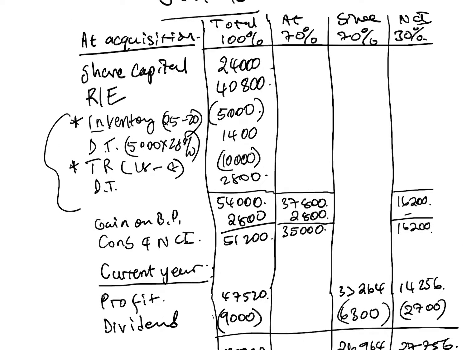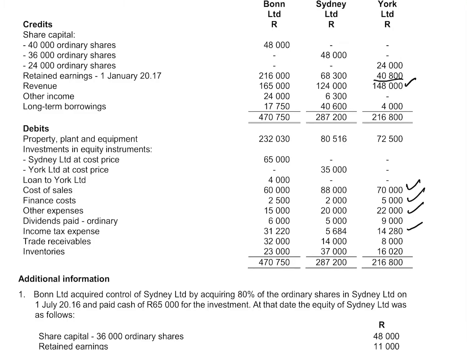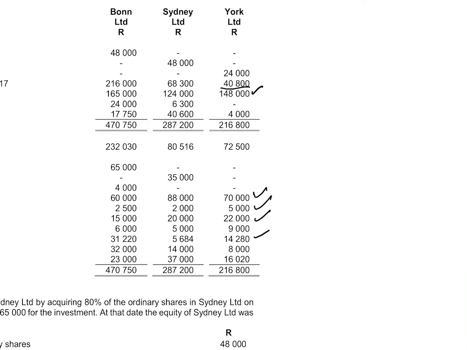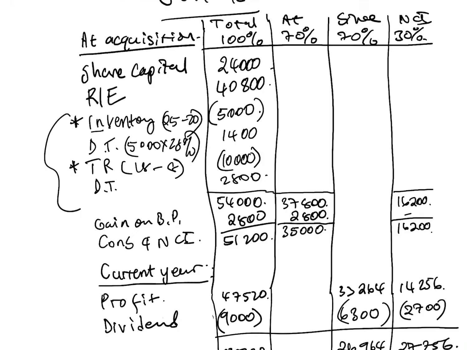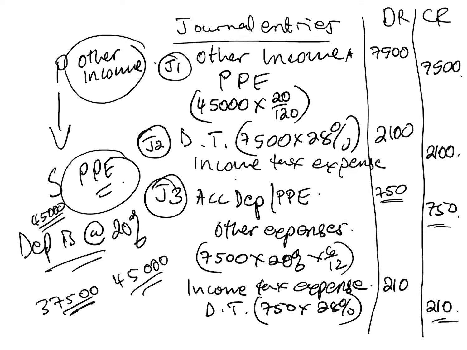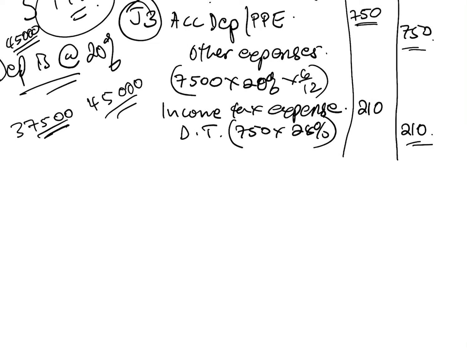If we are going to prepare our journal entries, what we do now is prepare the journal entry at acquisition, the acquisition journal. So I'm going to do the elimination of owner's equity.